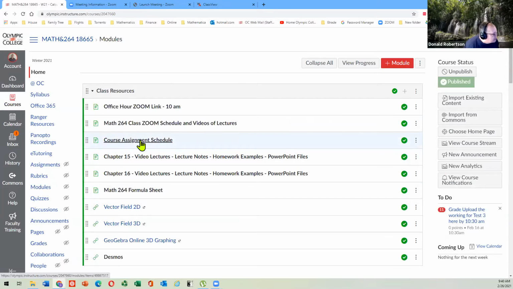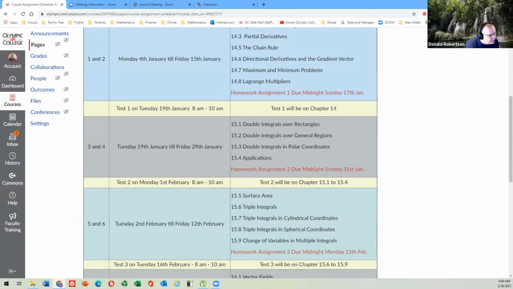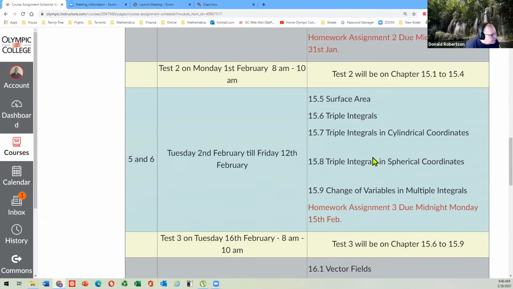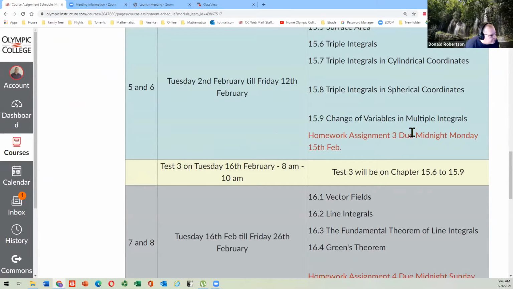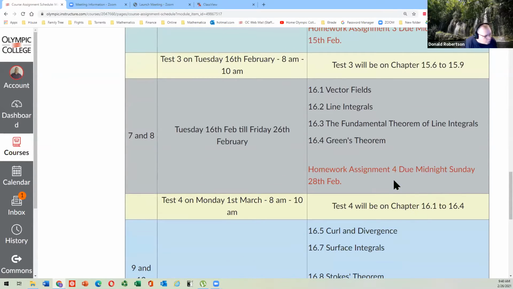Cool. Okay. So obviously, here we go. That should be bigger. Can I make it bigger? We're getting close to the end. It's surprising how quickly a quarter goes when you're enjoying yourself. Okay, homework is due, of course, at midnight. Your test is 16.1 to 16.4. That's pretty straightforward.